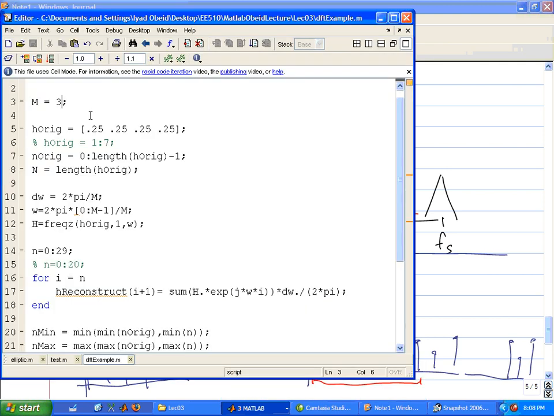So if we come back here and I change, so let's say I go back to 7 points, and I take a 6-point DFT. What's the first point I should get? What will h of 0 be when I reconstruct it? Now this is my signal, 1 through 7.